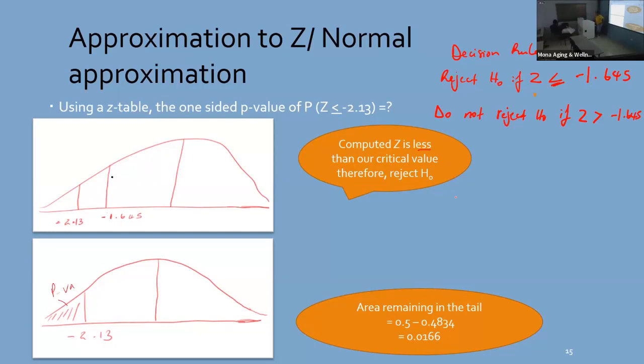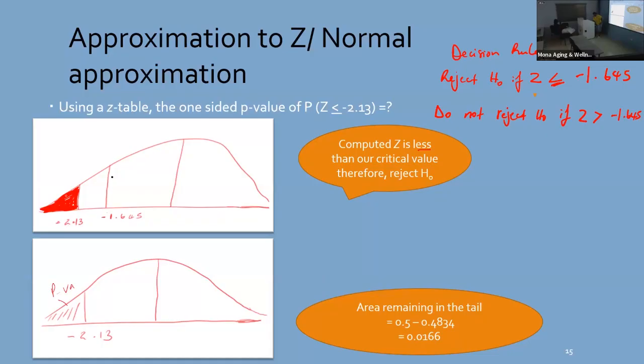If we wanted to find the area remaining in the tail at Z equals 2.13, could we find that area? Yes, we could.